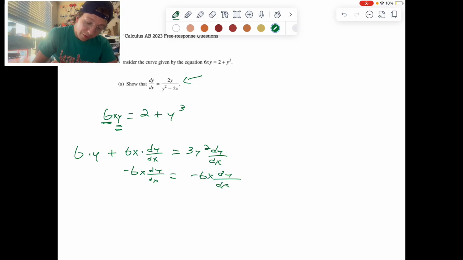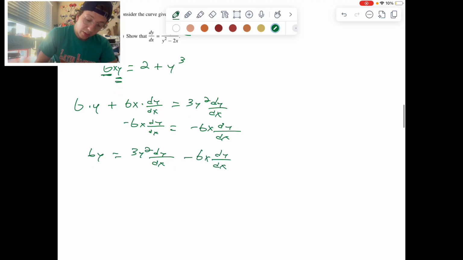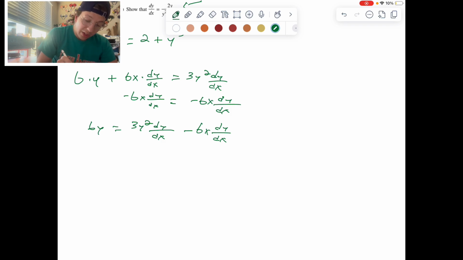So then we are left with 6y is equal to 3y squared dy dx minus 6x dy dx. Okay, now I can take the GCF of the dy dx out on the right hand side.